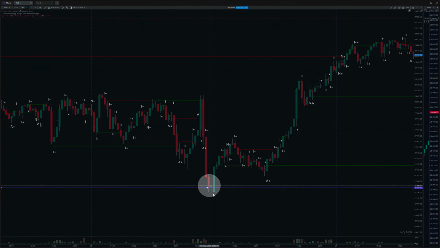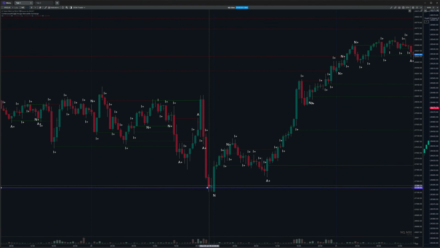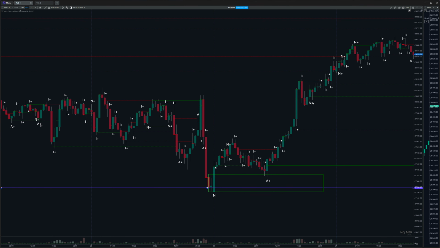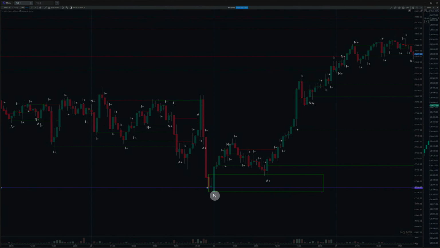I told you that this was the support order block. You remember that? It's still the same chart. This one. But look at that. You would have been in position since this moment, because the indicator drew you this tiny green line at the N letter.